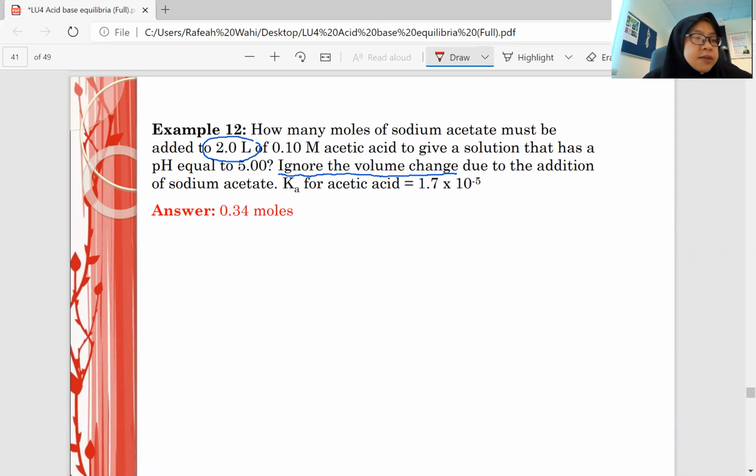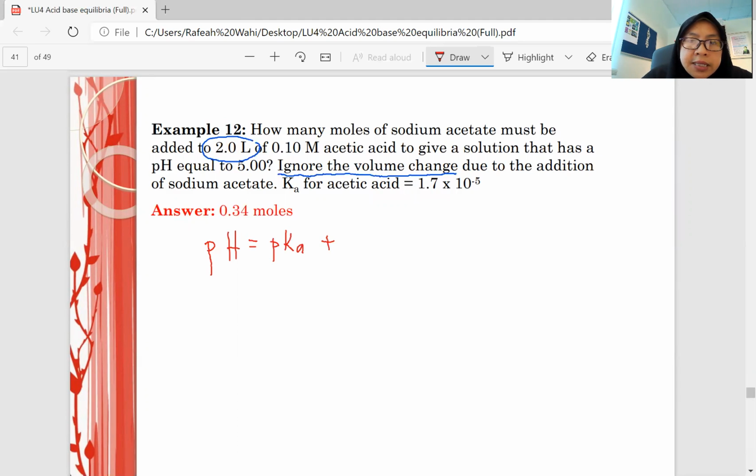Ka is given, so what you should do is replace everything in the Henderson-Hasselbalch equation. So pH equals pKa plus log concentration of the conjugate base, or you can also use X, divided by the concentration of acid.